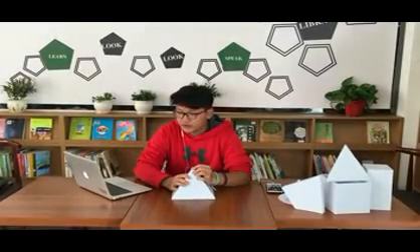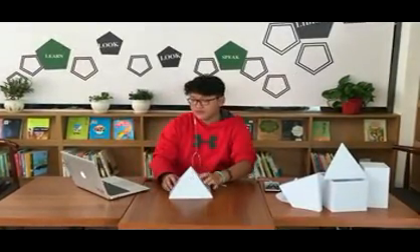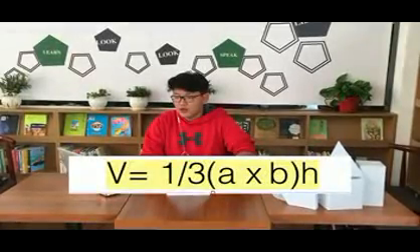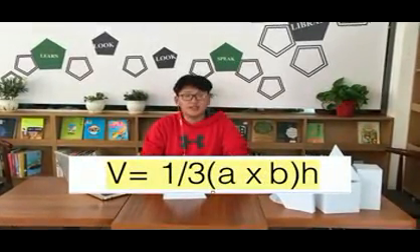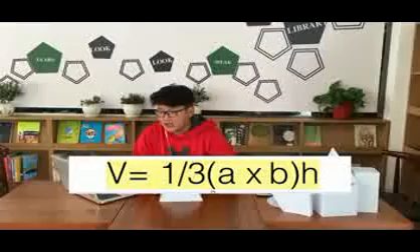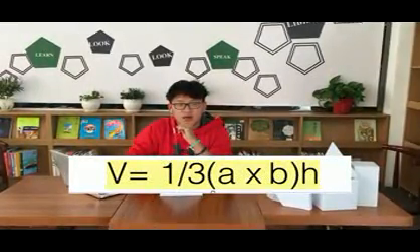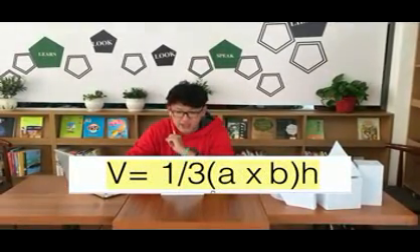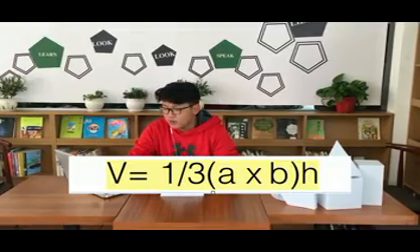Now I will introduce the volume. The volume formula is 1/3 times A times B times H. The A is the length, the B is the width, and the H is the height.